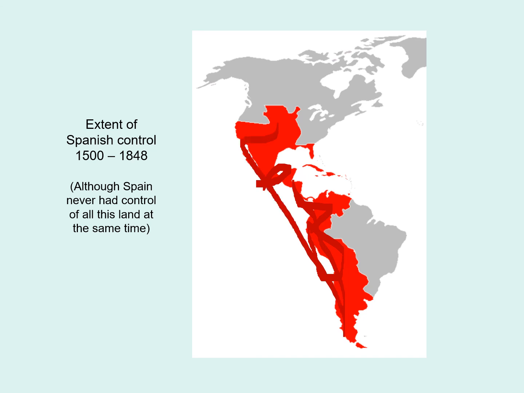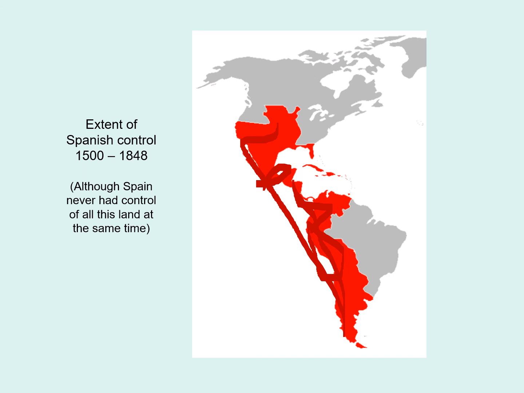Between 1500 and 1848, at one time or another, the Spanish will have control over about 8,000 miles of territory from North America down to the tip of South America. And again, Spain never has control of all of this land at the same time, but the extent of their overseas empire is significant.